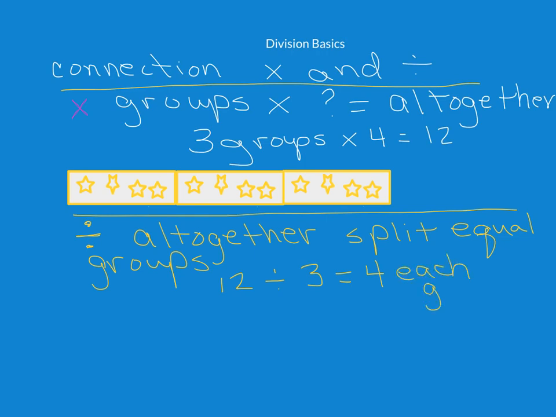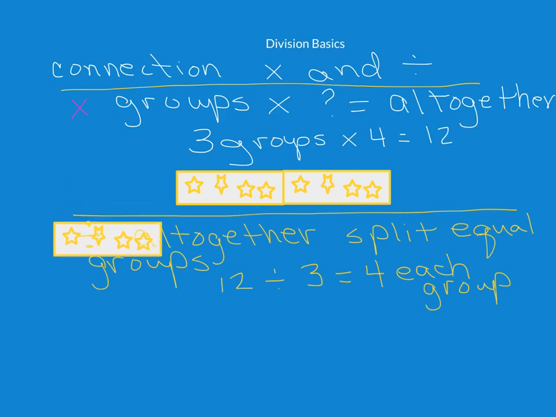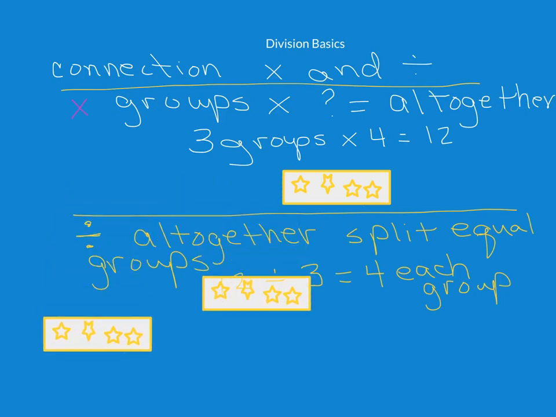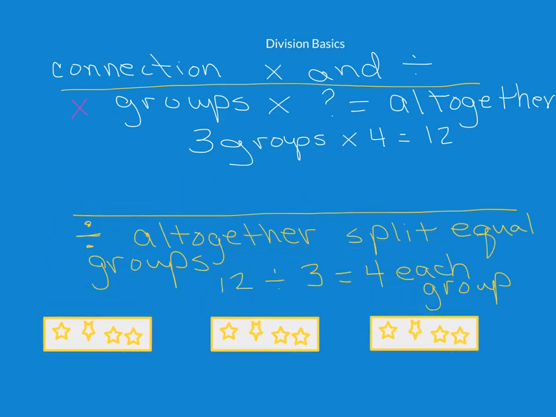That would look like taking that group of 12 that we have up here, and we split it back into 3 equal groups, so that there are 4 in each group. So you see this great tight connection between multiplication and division. Now when we divide, we consistently use this connection to go back and forth between multiplication and division.